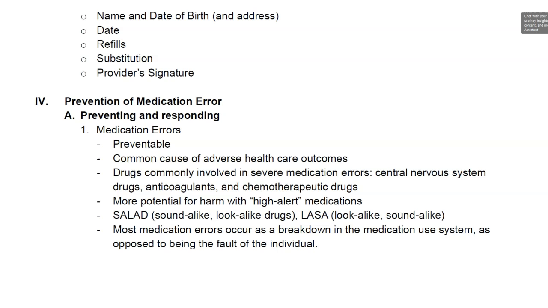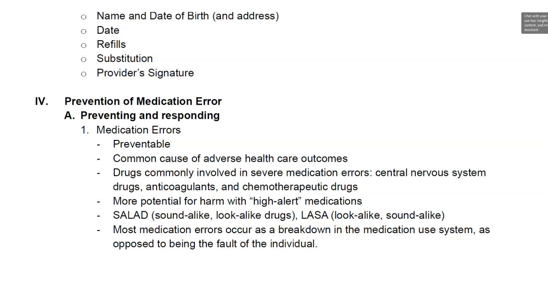So drugs commonly involved in severe medication errors include medications that affect the central nervous system, medications that are basically affecting our patients' coagulation, so anticoagulants, it can cause severe bleeding, and then chemotherapeutic drugs.